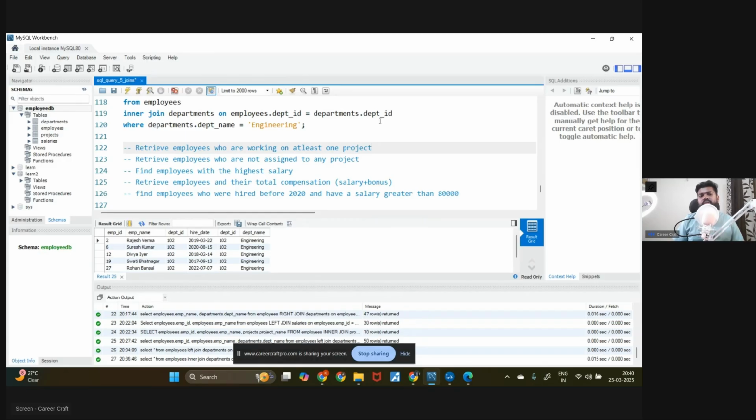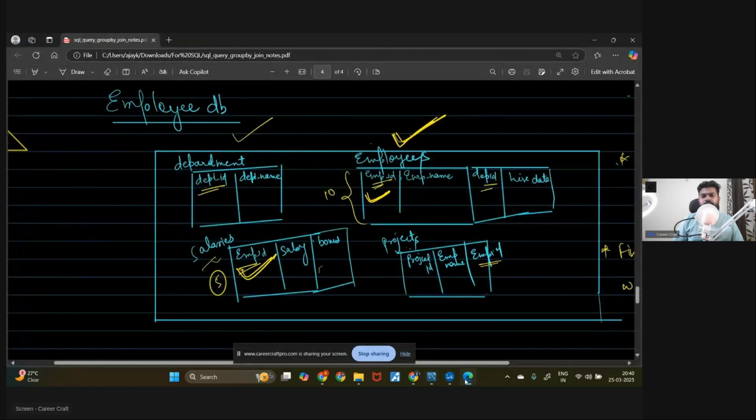The question is retrieve employees who are working on at least one project. Quickly.